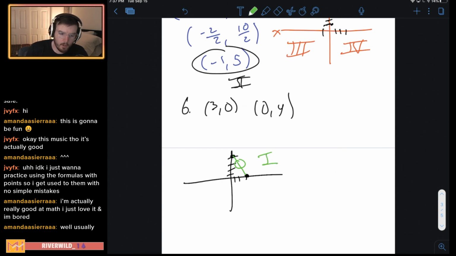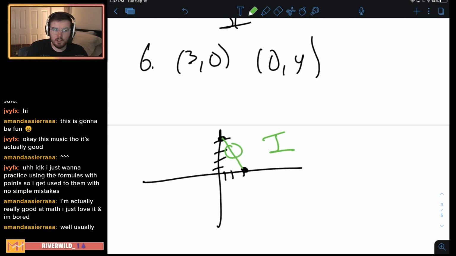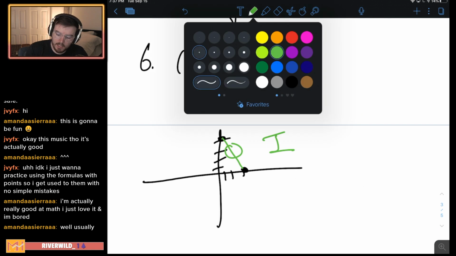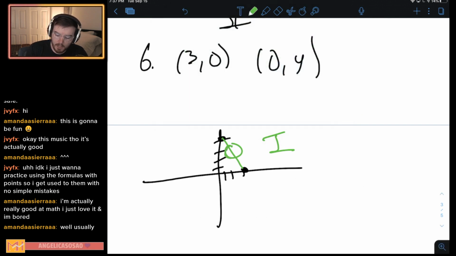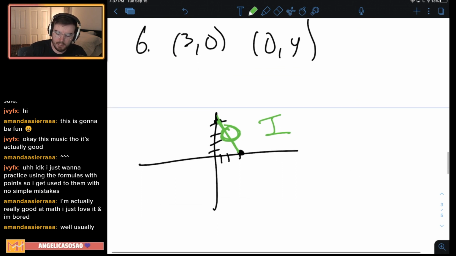It's clearly in quadrant 1. Without even doing any math, I know that the midpoint has to be somewhere in between those 2 points. It's not going to be clear over here in quadrant 2 or something weird like that. The midpoint is going to clearly be in between these two. So without even doing the math, I know where the midpoint is.